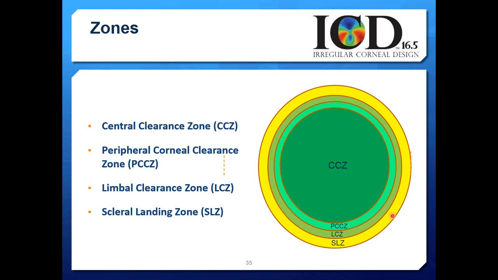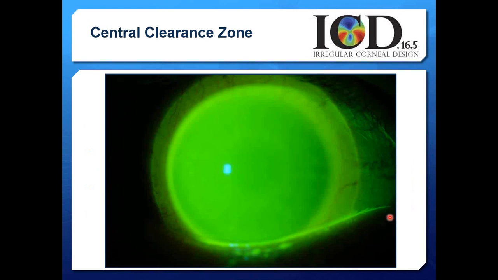So let's go through each one of these zones and discuss how we would assess the fit of the lens. The first thing that we do when we place an ICD lens on eye is look for good corneal vault. We see no point of bearing with the corneal surface, and if we've put enough fluorescein in behind the lens, we should have a difficult time making out any corneal anatomy, iris or pupil.